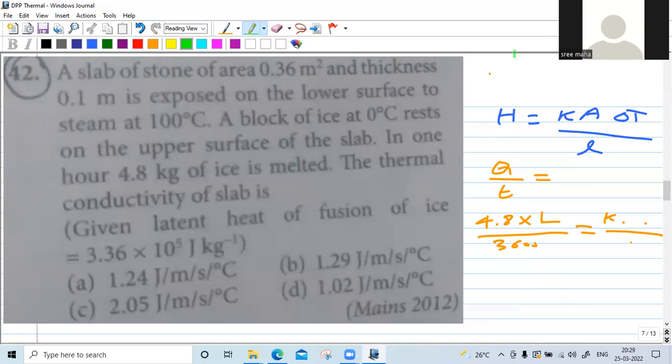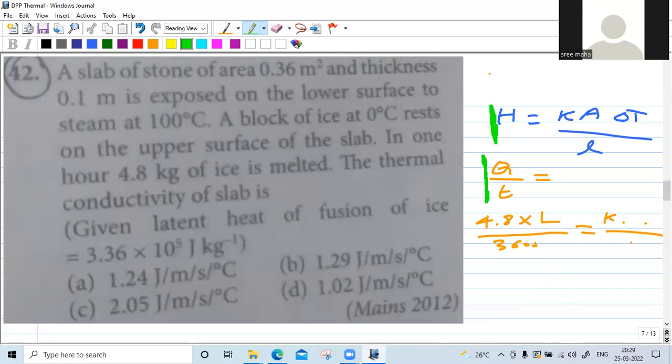Okay, so there are only two steps here. One is this formula, heat current is this one, and after that, H is Q by T. It's the heat current, the total amount of heat transmitted in 1 hour divided by the time.